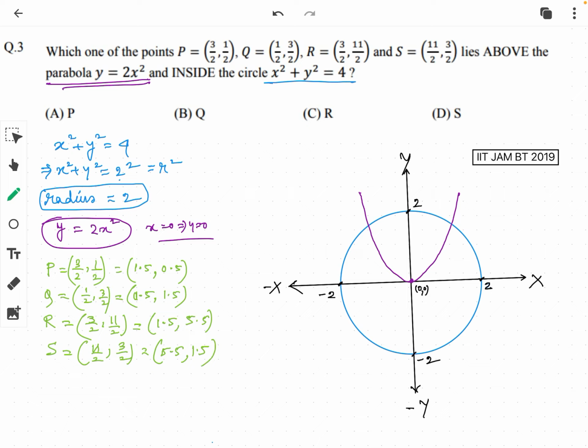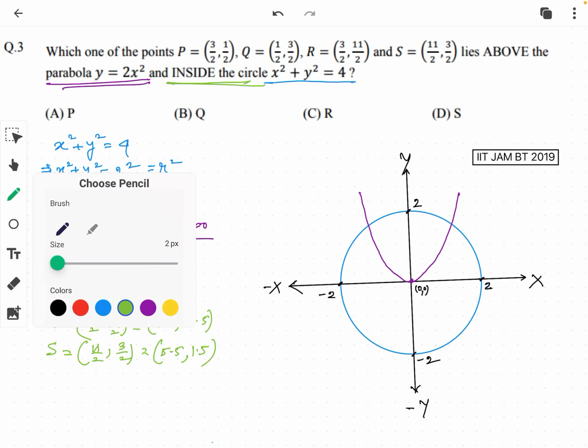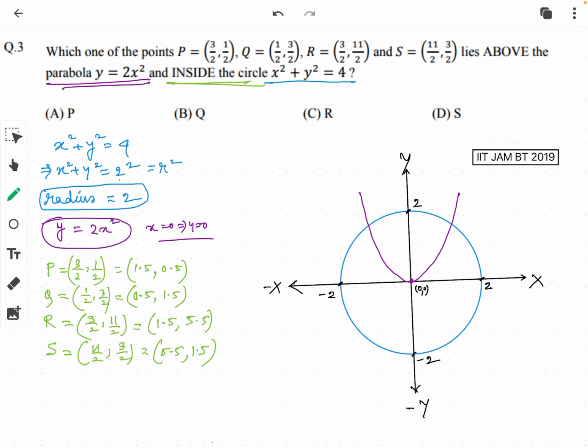Okay, now among these 4 points, see here which are inside the circle. Let us check which points among these 4 points are inside the circle. See here, the point R equal 1.5 comma 5.5. Can this point be inside the circle? No, right? Why? Because here x is 1.5 but y is 5.5. That means the point would be somewhere here.